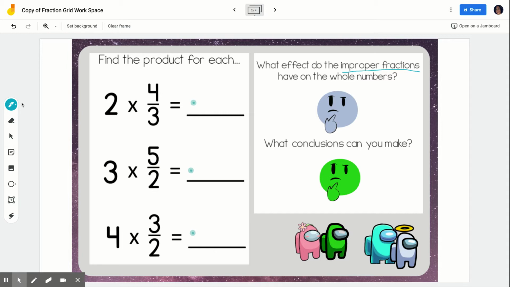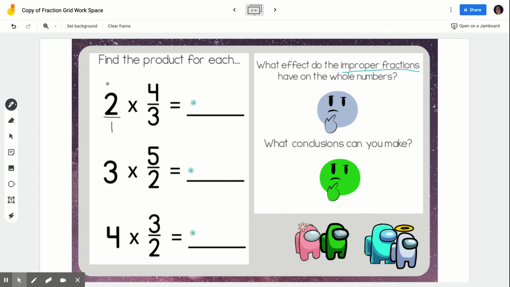We're going to solve the same way that we did in the last section. Our whole number always goes over the number 1 because that still shows the same exact value. So 2 over 1 would be 2 whole, 3 over 1 would still be 3 whole, 4 over 1 would still be 4 whole. You get the idea.